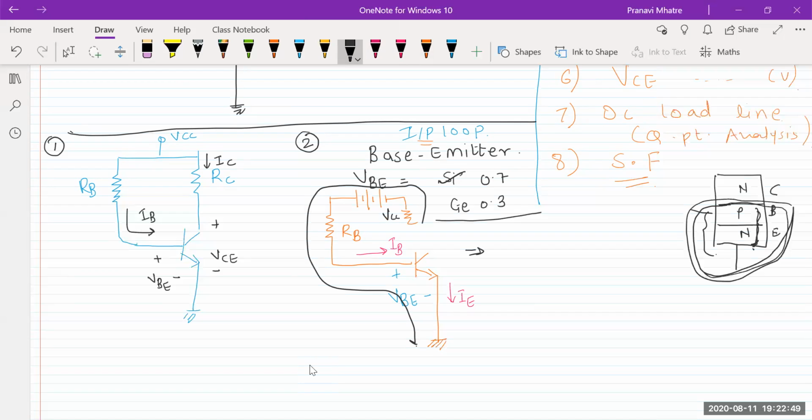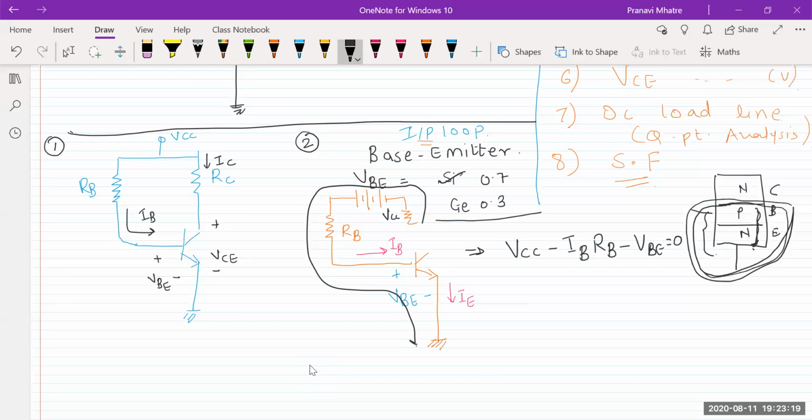I'll take the second polarity, that is plus VCC minus IBRB minus VBE. Here nothing else is present, so that is equal to 0. I'll repeat again: plus VCC minus IBRB minus VBE is equal to 0. So your loop is VCC minus IBRB minus VBE equal to 0.